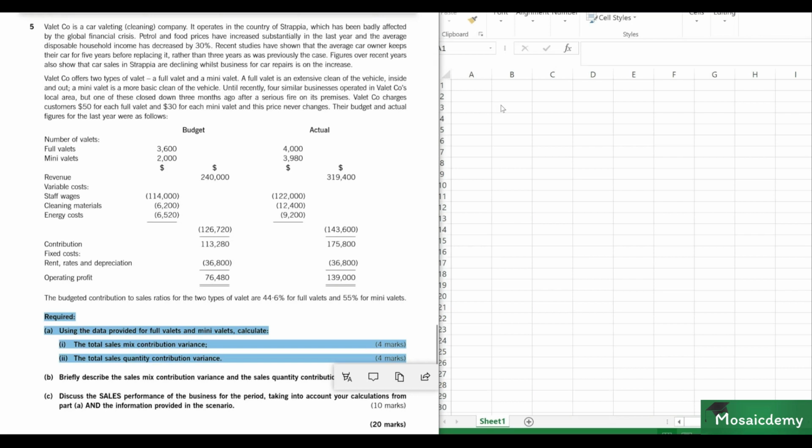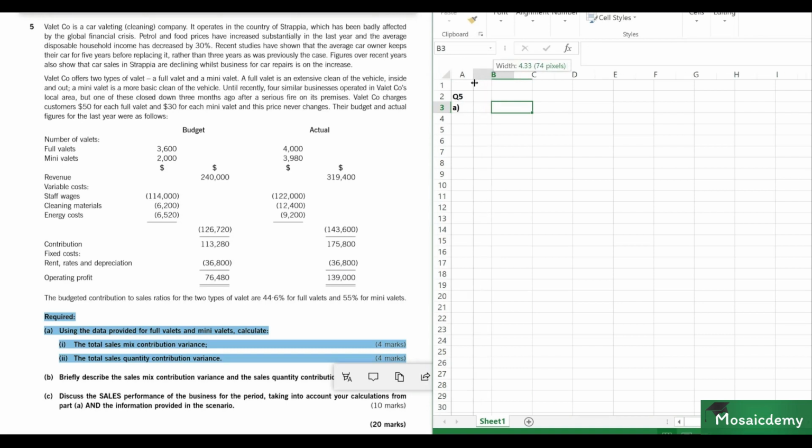We need to make a similar table here, okay, where we have our totals. So, let's start by labeling question number 5, Part A, we'll make it bold. We don't need to worry about parts 1 and 2 within the question because we're going to be solving both of them collectively through our table. So whenever we have the mix and quantity variance table, what was the format? We have 3 separate totals with which we're concerned.